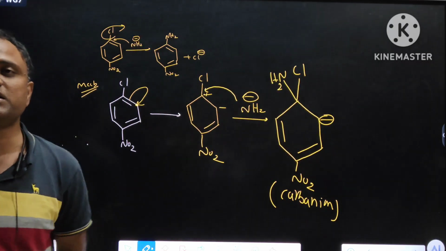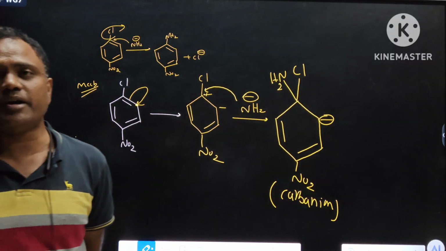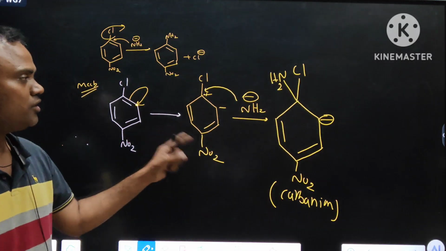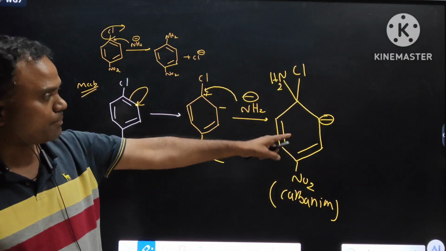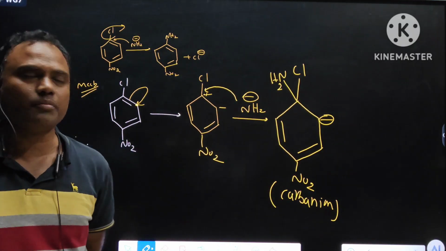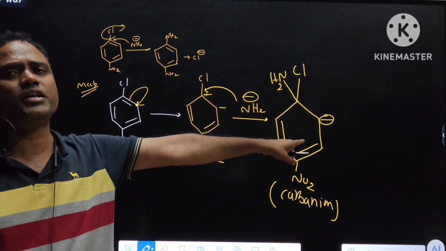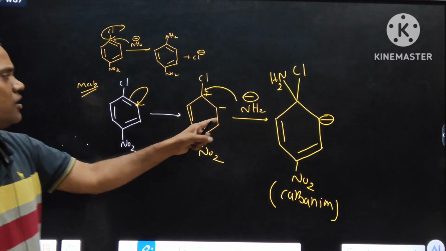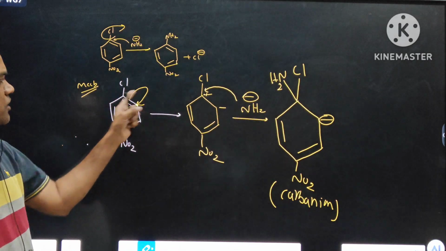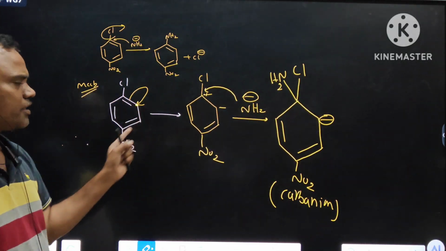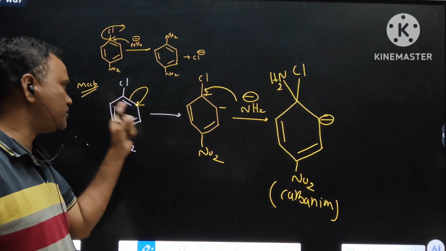Electrophilic sigma complex, Wheland complex, loss of aromaticity. Clear? In aromatic nucleophilic substitution, a carbanion is formed, and this also lacks aromatic character. See, before the attack of the nucleophile, actually this has aromatic character. The 4n plus 2 pi electron rule is present here.